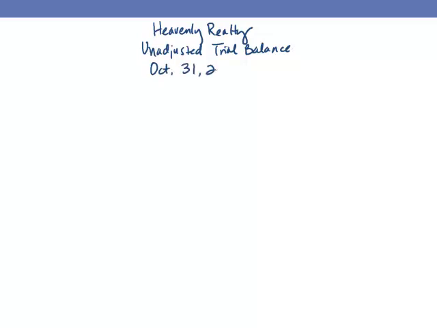We're going to put the name of the company up top. Heavenly Realty. And then it's going to be called unadjusted trial balance. We'll do adjusting entries in chapter 3, and then we can call it an adjusted trial balance. And this is October, the last day of the month.